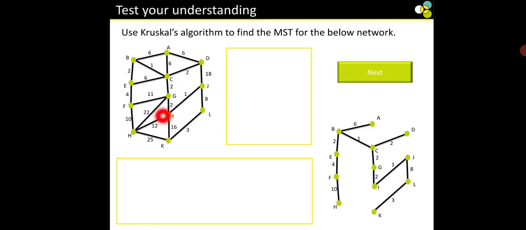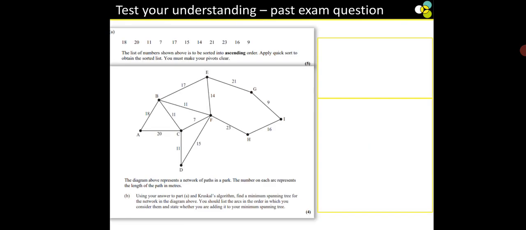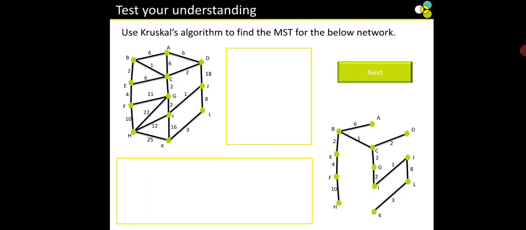Next is F to H. Next path, next to 8, is 10. We don't have a 9 value. So we just include the next value, that is 10 here.